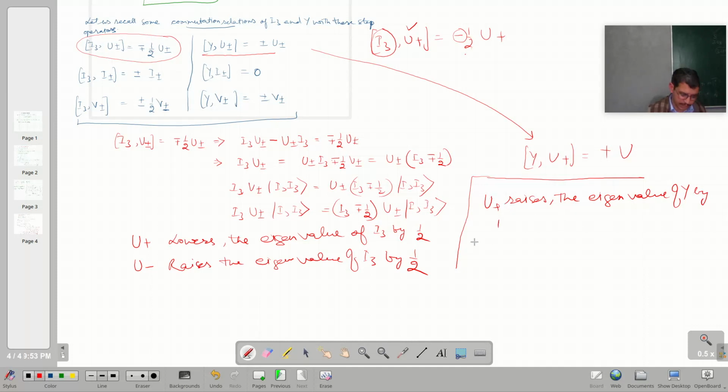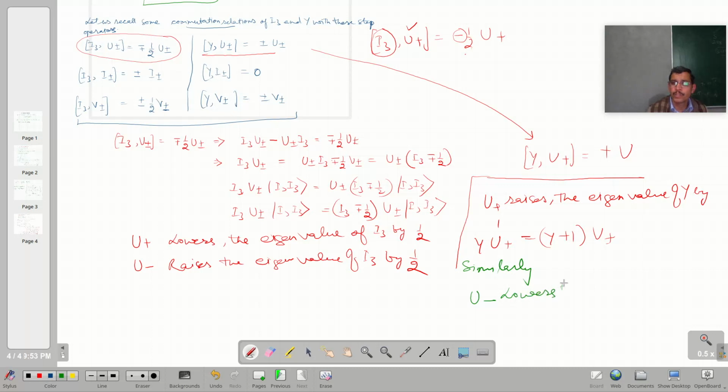And similarly, I can say that U- lowers the eigenvalue of Y by 1, that's the meaning of it.